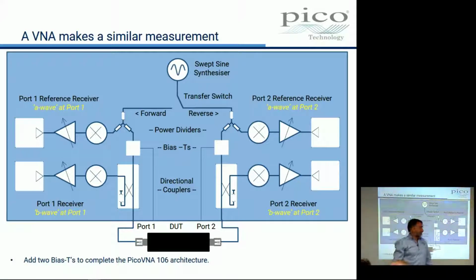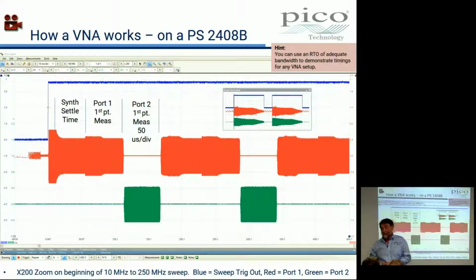Yeah? So that's for injecting test signals, control signals, whatever, onto the ports. And that's the architecture of our VNA. That's what it looks like. And you can see how it works.